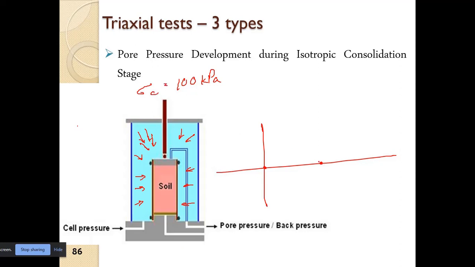So sigma C is now 100 kPa. All right, and we measure the pore pressure at that point. When we apply cell pressure sigma C equal to 100 kPa, at that point, when we measure the pore water pressure, it is showing a reading of U equal to 50 kPa.